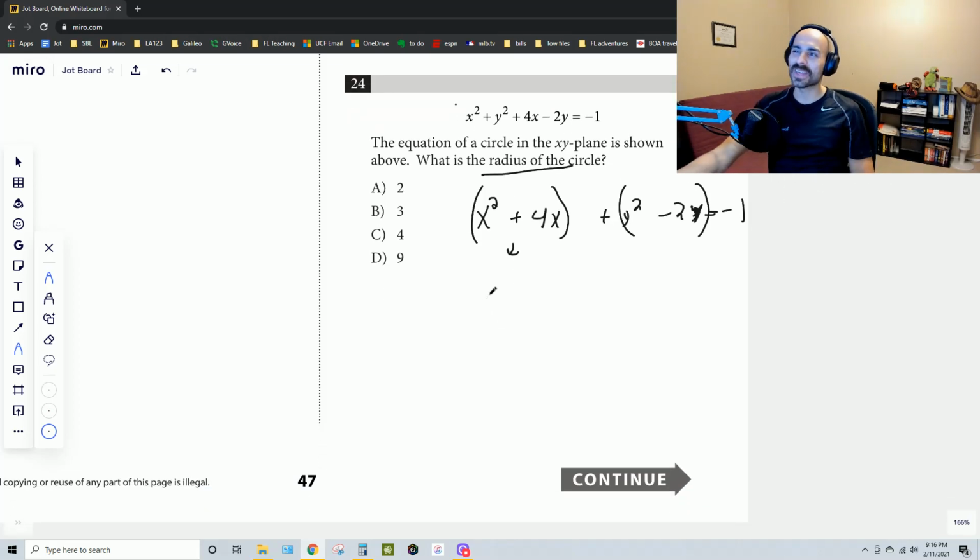All you need to know to complete the square is that we look at our a term here, which is 1, and our b term here, which is 4. We have to create a third term. We essentially want x squared plus 4x plus something else, a third term.